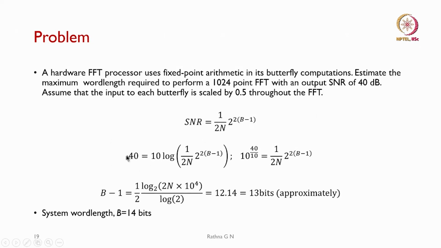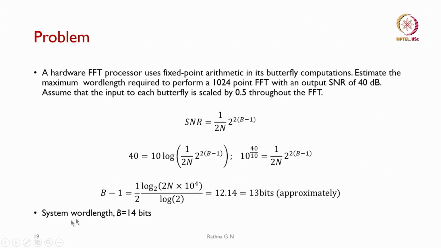So, we have been given the signal to noise ratio in dB as 40 dB; substitute this, putting 10 log on the right hand side. You will be solving this, then I need b minus 1 equal to 12.14 bits, which is nothing but 13 bits, approximating to the next higher number.